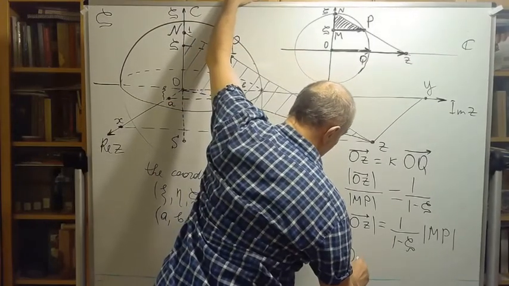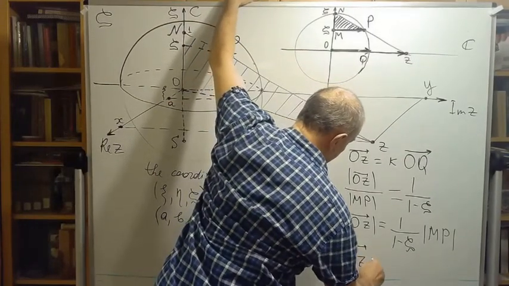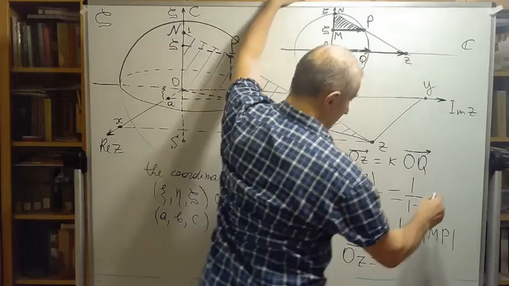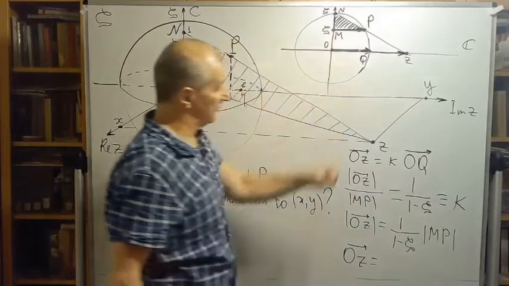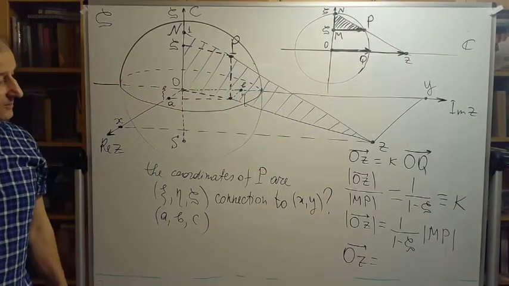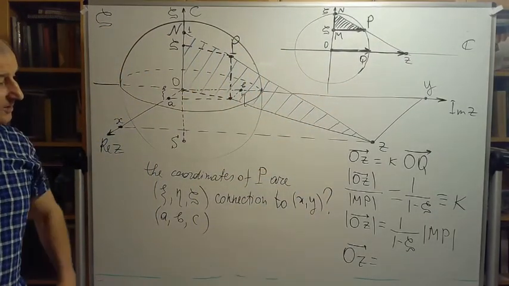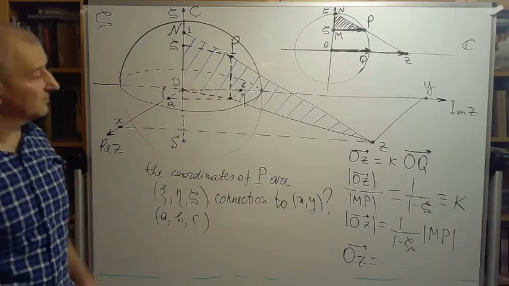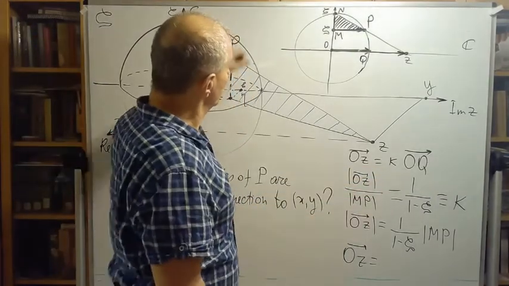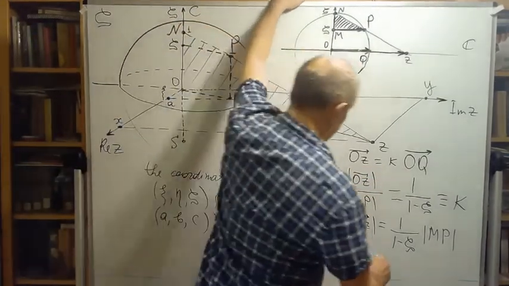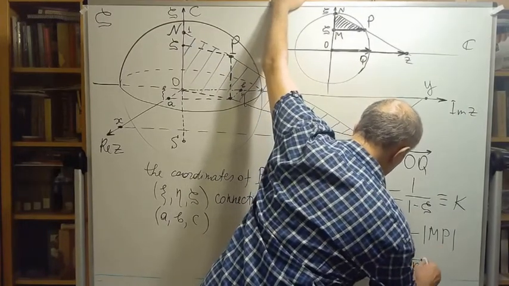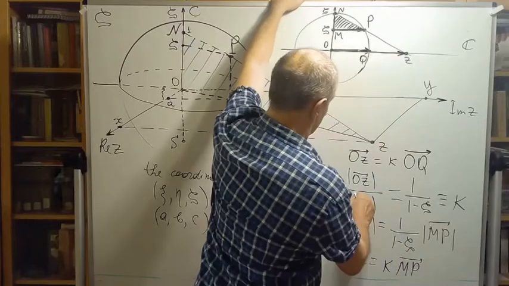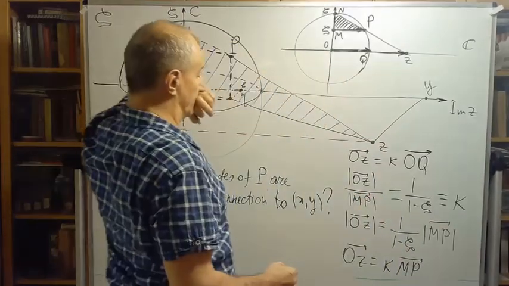So OZ will be this coefficient. I can say that this will be our coefficient K, yes? 1 over 1 minus zeta will be the coefficient of proportionality between two triangles. It will be this coefficient K equals to K vector MP. This vector MP.